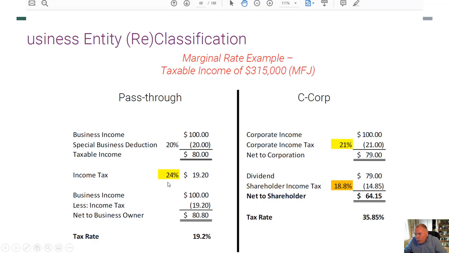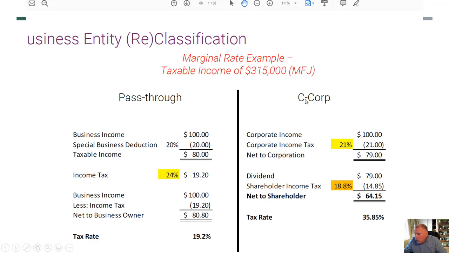Tax rate is 24%. So 100 of income, tax of 19.20. Net to the business owner is 80.80, and the effective tax rate is 19.2%. So they've come up with this special deduction for subchapter S, the pass-through entity.